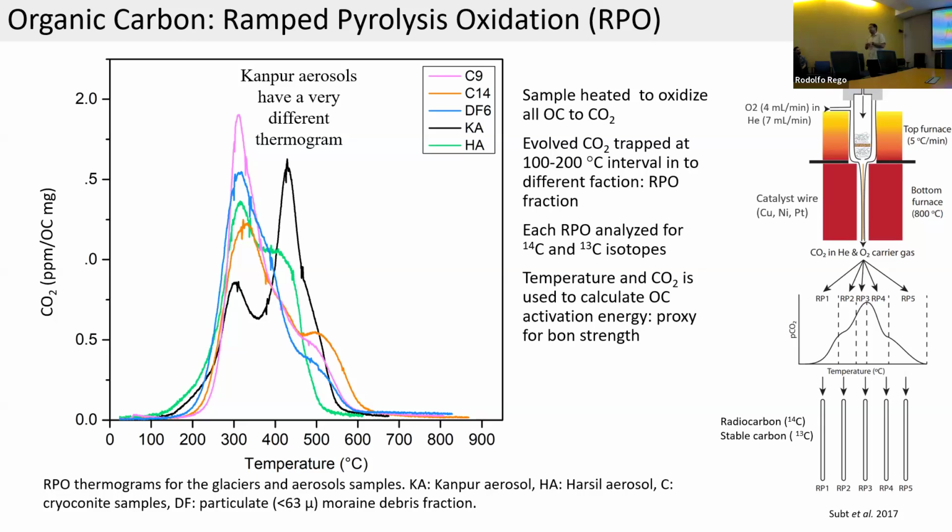One sample was split into 10 samples, because that gives you a lot of additional information that will usually be lost when you're looking at bulk measurements. This technique was developed at Woods Hole, and that's what we followed. It is called ramped pyrolysis oxidation. It is a 13C, 14C measurement, but looking into individual splits.